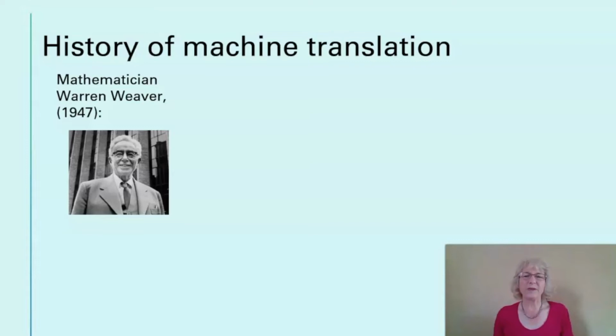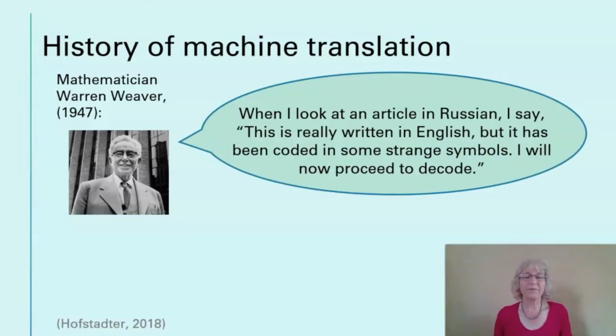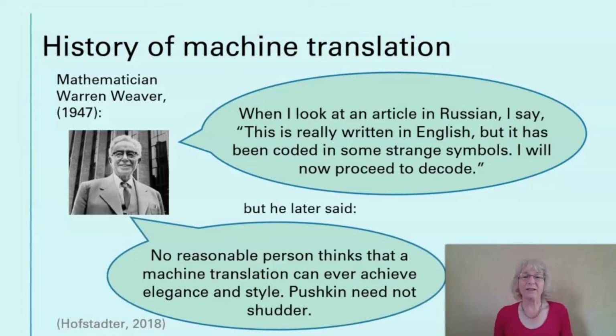One of the first people to suggest that language could be translated by a machine was Warren Weaver, an American mathematician, who suggested that language was just a code which could be deciphered. He did qualify this later, however, acknowledging that the translation process involves more than just word-for-word translation.